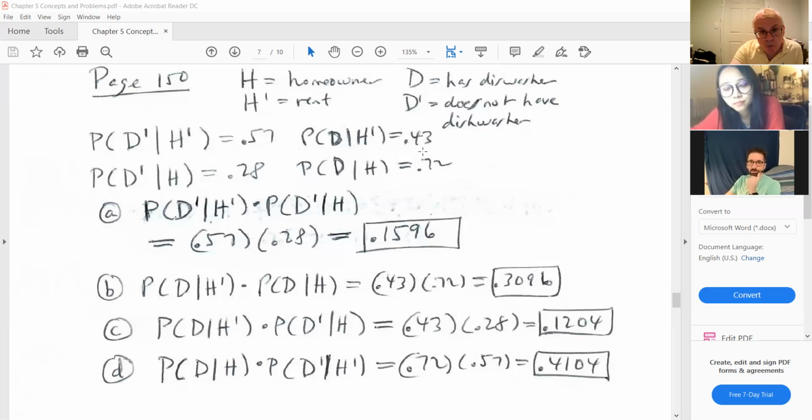The sum of these two must be equal to 1, right? So the condition stays the same. It's just the probability itself, D or not D, adds up to 1. Same thing over here for the homeowners.